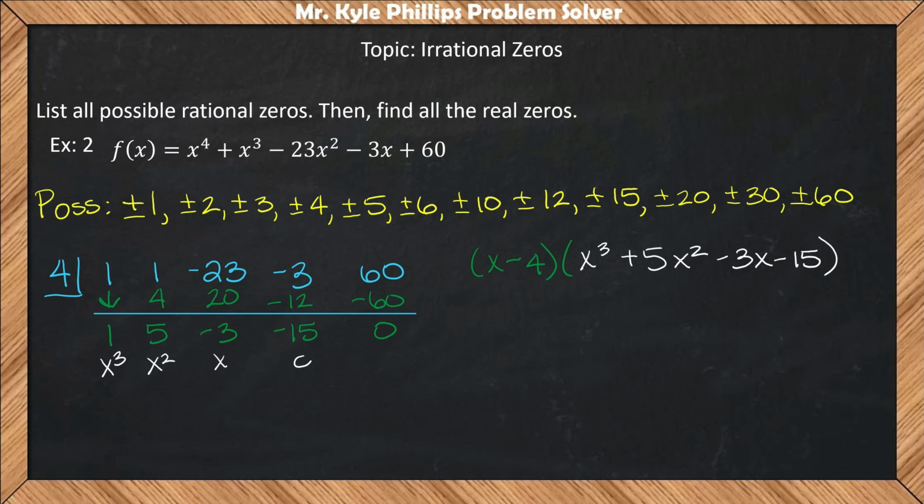So since this has 4 terms, one of the easiest and most convenient ways to factor here would be to use factor by grouping. So I'll leave this x minus 4 alone, and I'll just do the factor by grouping here, and I'll just offset it in these brackets. So I'll group the first two, and the last two.